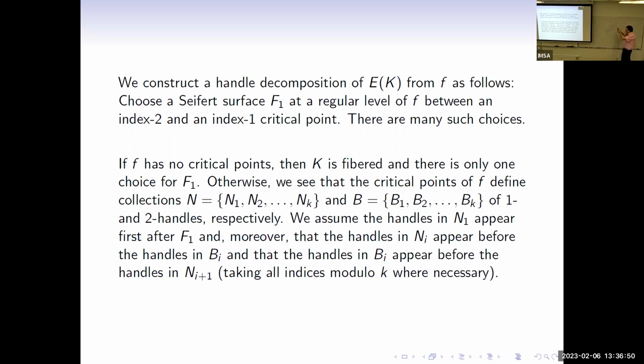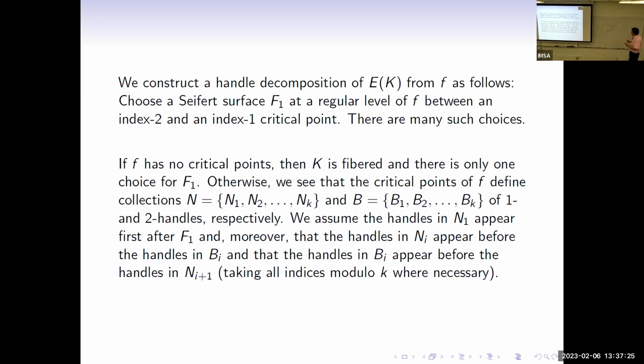Of course, maybe the function can be arranged just so that we put all 1-handles and then all 2-handles. But if we follow the typical function, maybe we have some 1-handles and 2-handles and then again 1-handles and then 2-handles, until we come back.